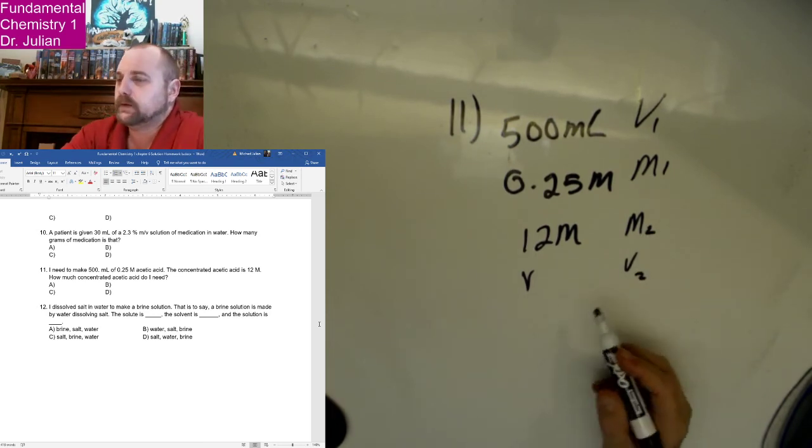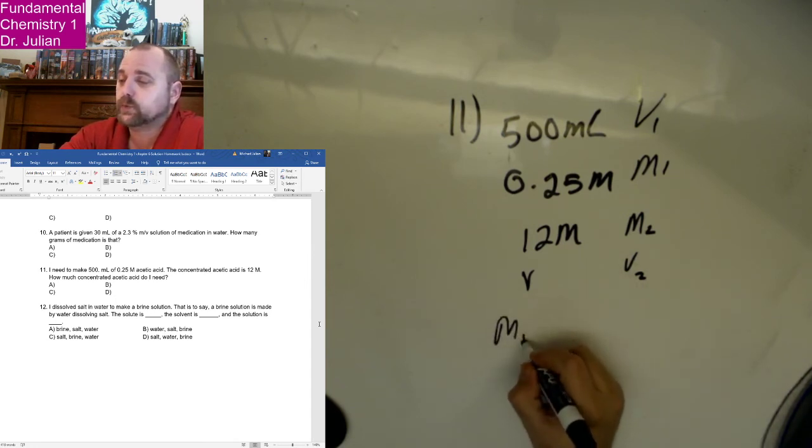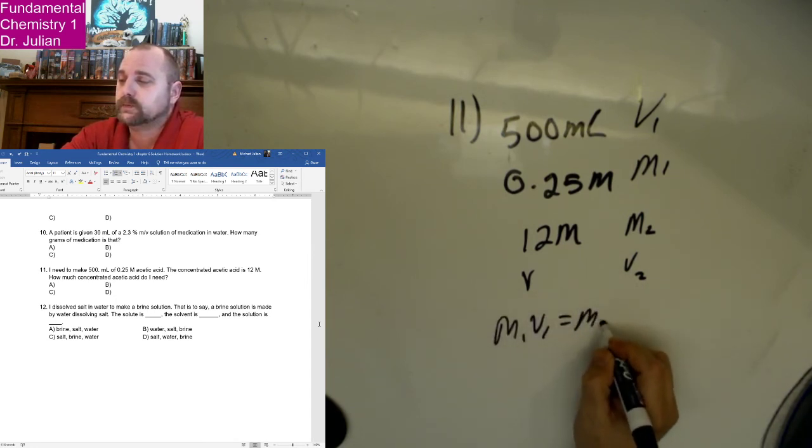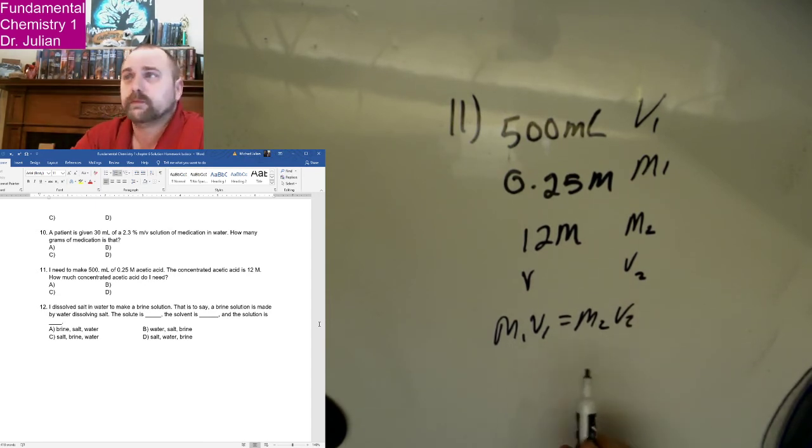This is a dilution: M1V1 equals M2V2. If I keep them both in milliliters, and the answers are all in milliliters, we have to be careful. You want to make sure you're all in milliliters or all in liters.